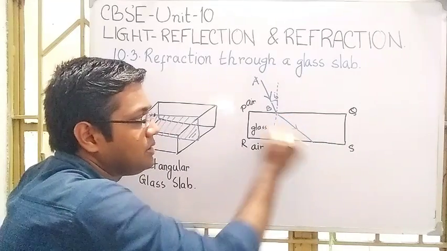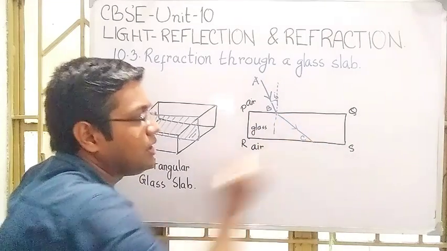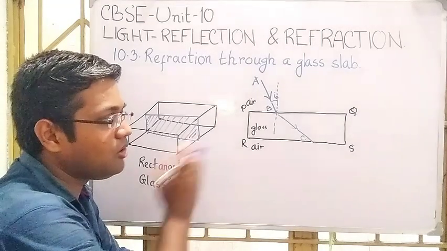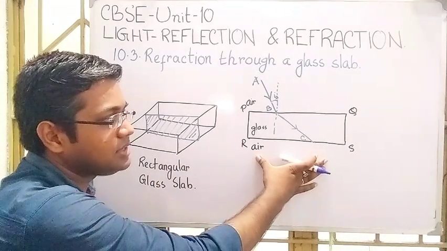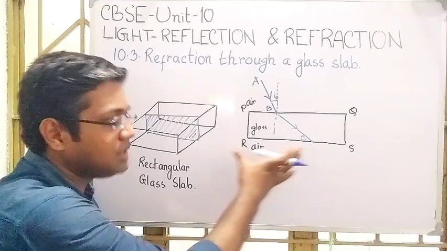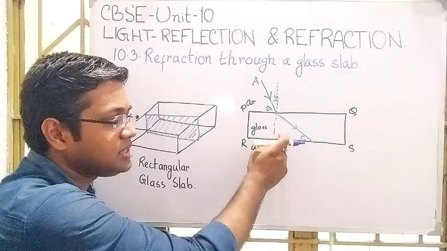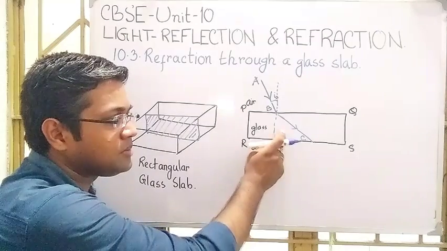Let C be the point of incidence here, on the interface RS. Now the light ray refracts from the denser medium to the rarer medium, from glass to air.